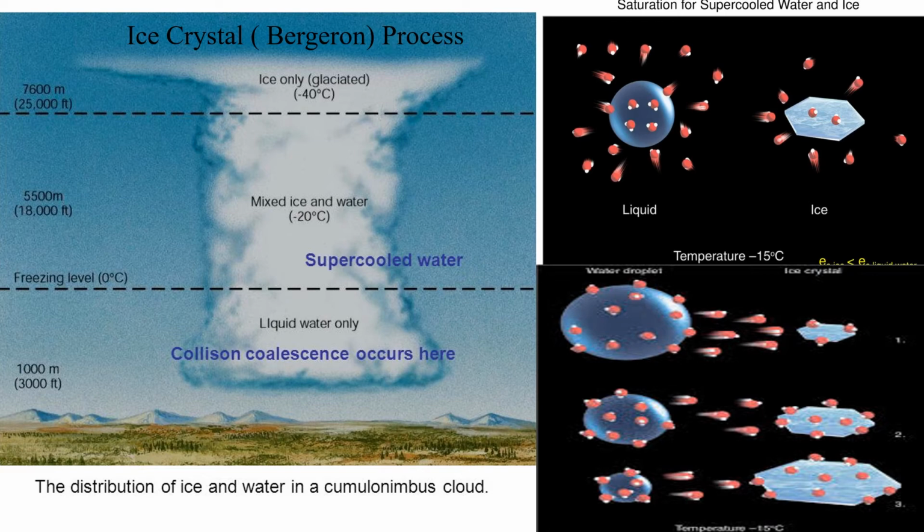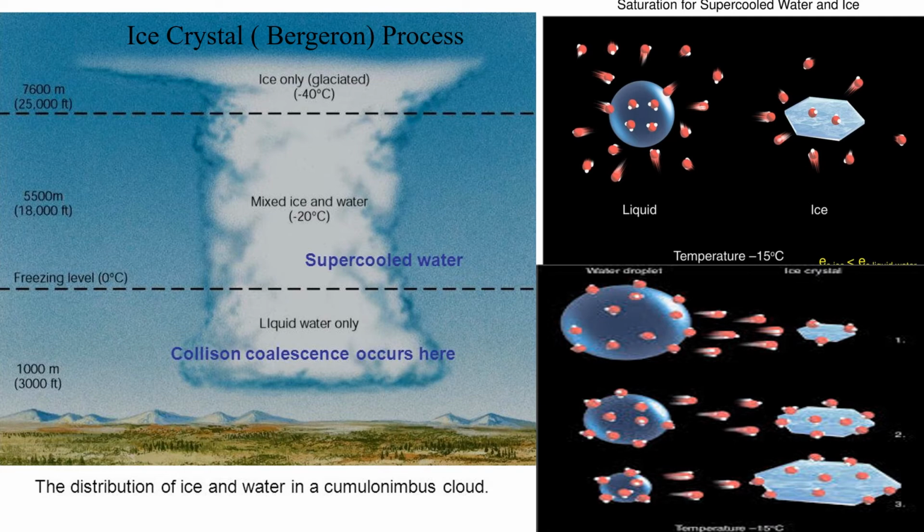So although the temperature is lower, still ice crystals didn't form. Near 5,500 meters above the ground, where the temperature becomes somewhere around minus 20 degrees centigrade, ice crystals become more available, more in number, but still they are outnumbered by the water droplets.